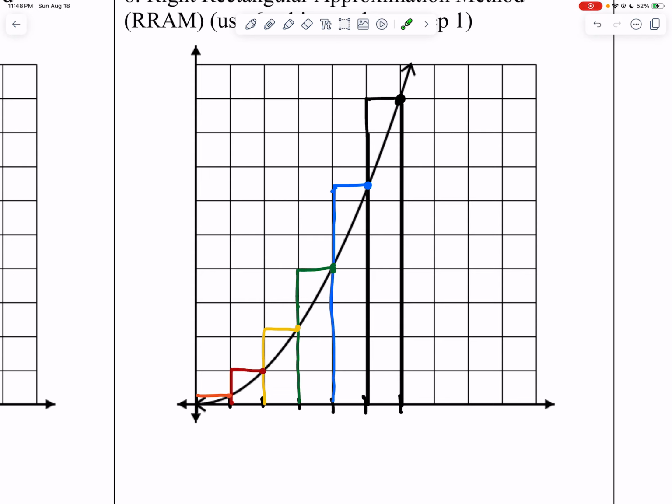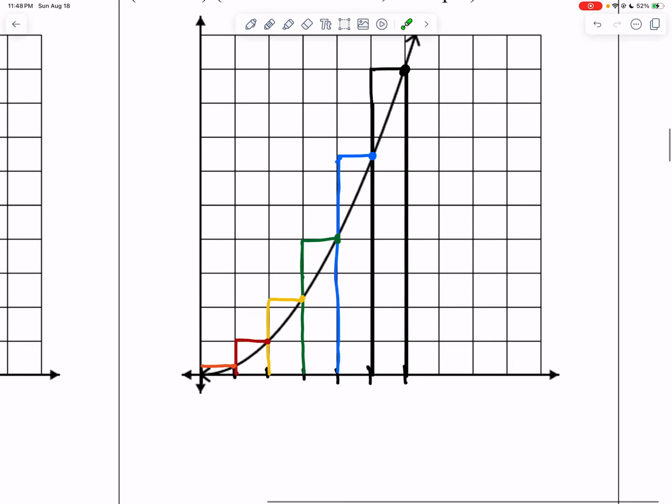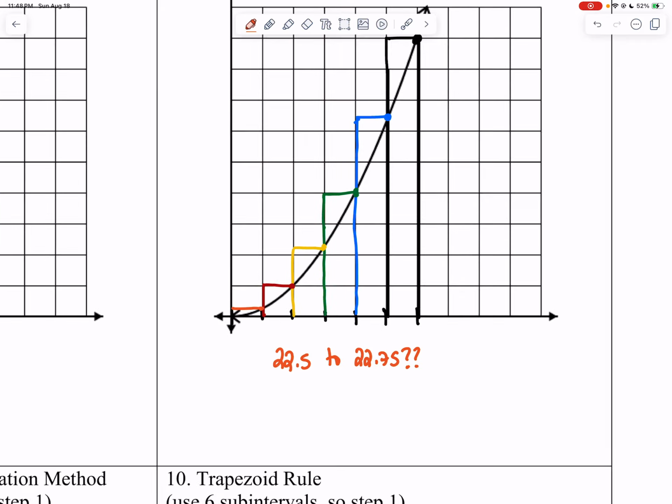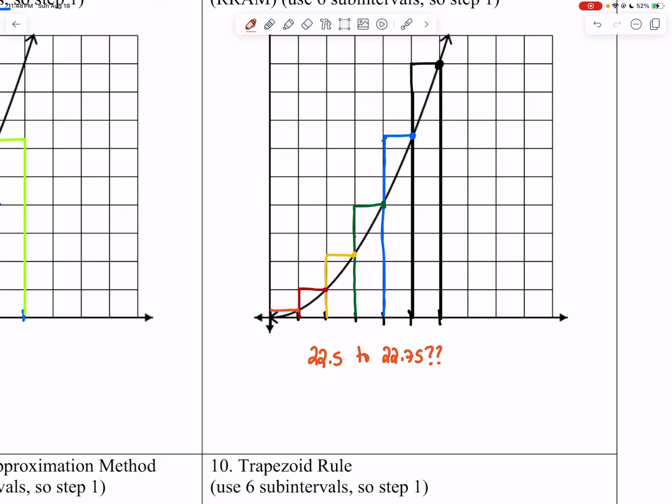We have this right here, this right here, and this right here. So I'm just going to guesstimate it to be 22.5 to 22.75-ish. We don't know. So we know that it's just between 22 and 23.